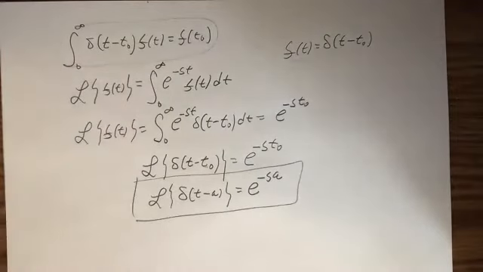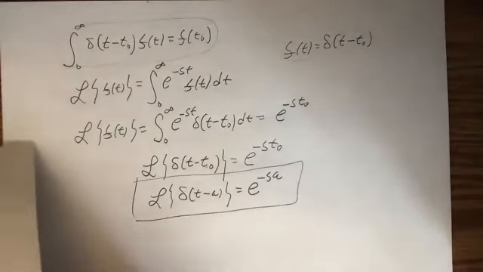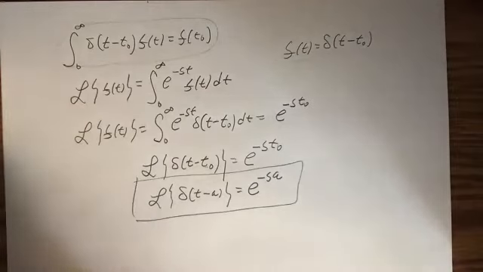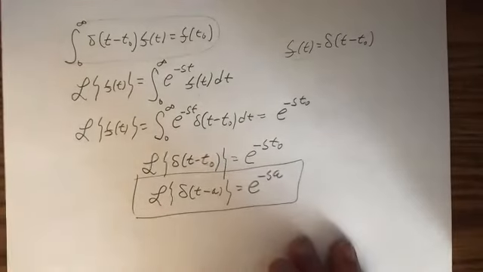Okay, let's see now. Do I have time to solve a problem? I think I do. It turns out the problems with the Dirac delta function are simpler to solve than the problems with the unit step function. But what is the physical purpose?